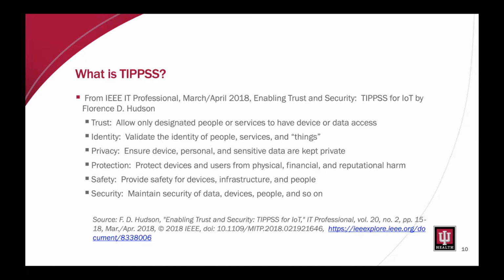Privacy: ensure device, personal, and sensitive data are kept private. Protection: protect devices and users from physical, financial, and reputational harm. Safety: provide safety for people, devices, and infrastructure. And finally, security: maintain the security of data, devices, people, and so on. And I also throw integrity in there as well.